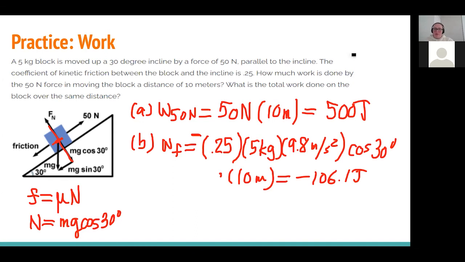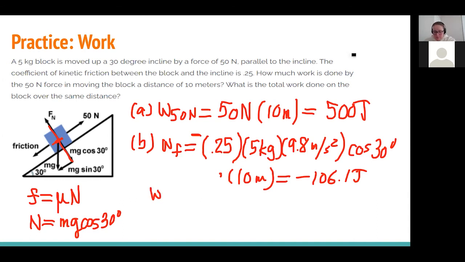Okay, so that's one more force figured out. Now, it's not part C of the problem, but for the next part, I see another one that was mentioned, mg sine of 30. So that is the x component of our weight. Weight might be acting downwards, which is not parallel, but the x component of our weight is parallel to the ramp.